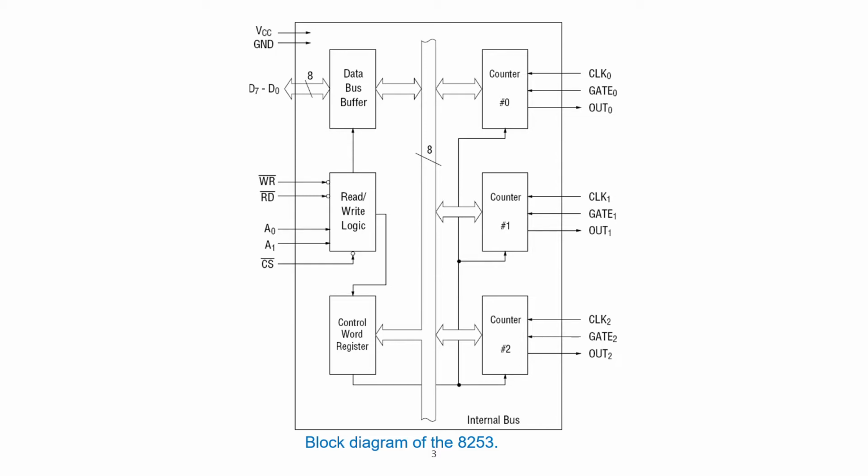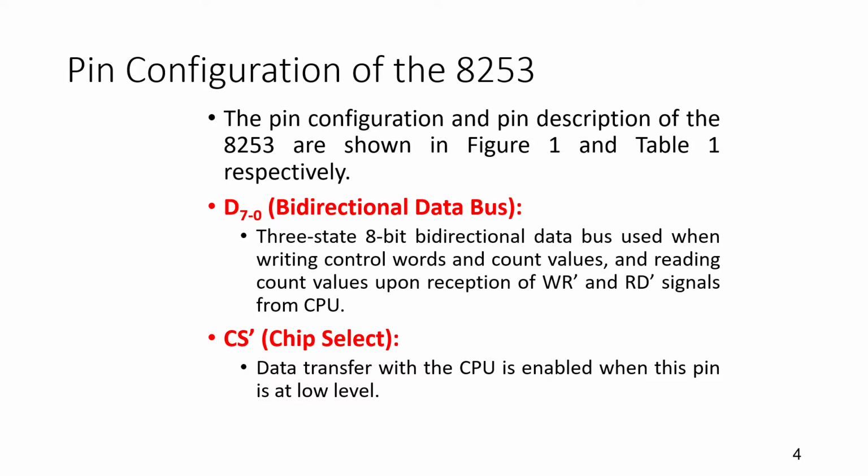We will see one by one what the use of every block is. First one is the data bus buffer. There are 8 signals used in the data bus buffer, D0 to D7, all bidirectional.